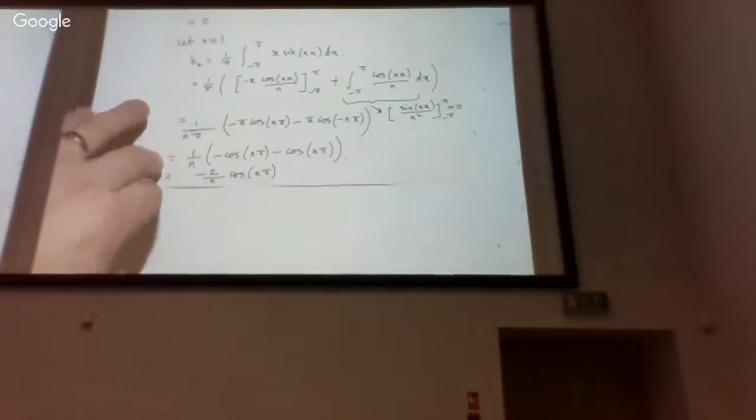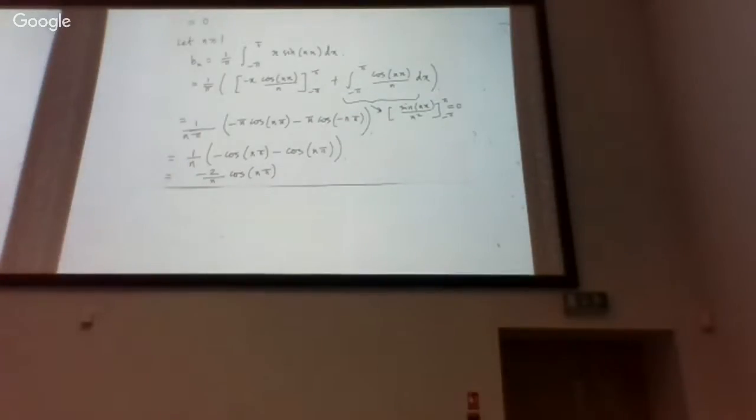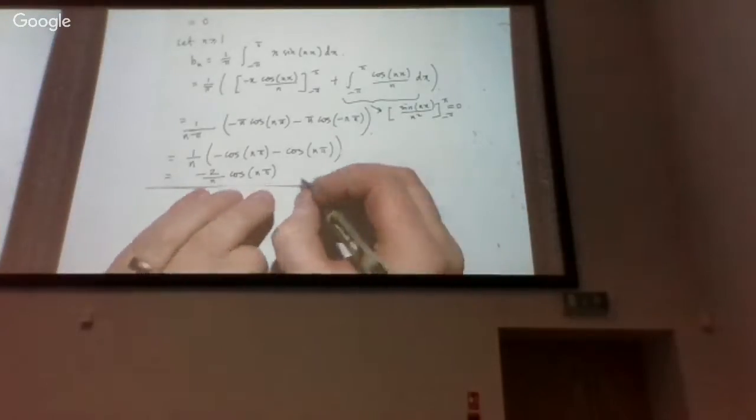Now we'll finally fully evaluate it. What is cosine of n pi? Cosine of an integer multiple of pi alternates between plus and minus 1. The cosine of n pi is plus 1 for even n, minus 1 for odd n. Well, you've got this extra minus sign here.